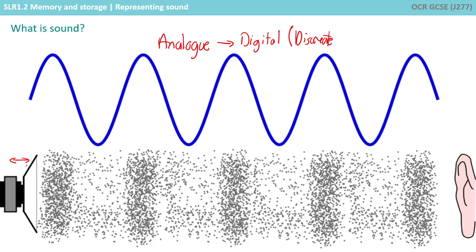That's spelt wrong, ignore the A. So we have to somehow get our constantly moving sound wave and convert it into something which the computer can understand. When it comes to our ear, our brain does that. Our eardrum turns the sound wave into electrical pulses, which go to our brain and we can understand it. So what we need to do is get the computer to do something similar.